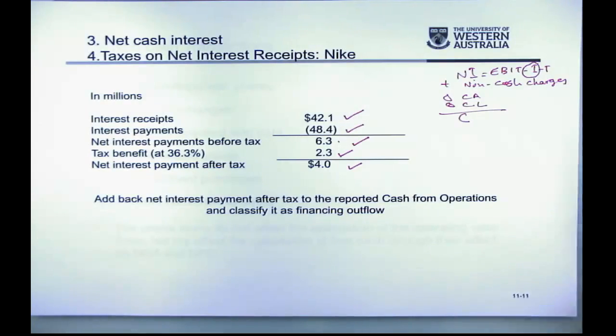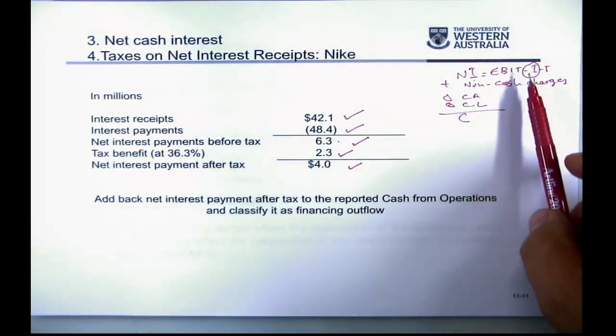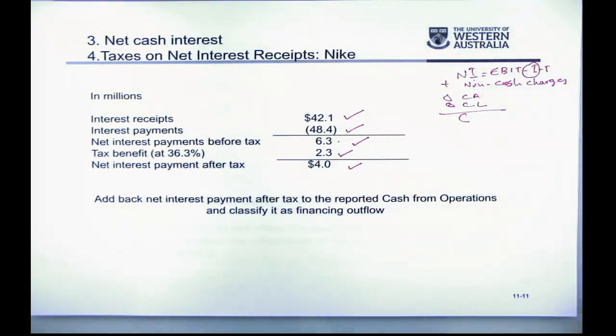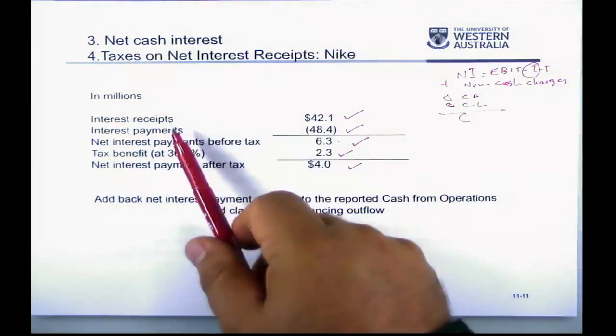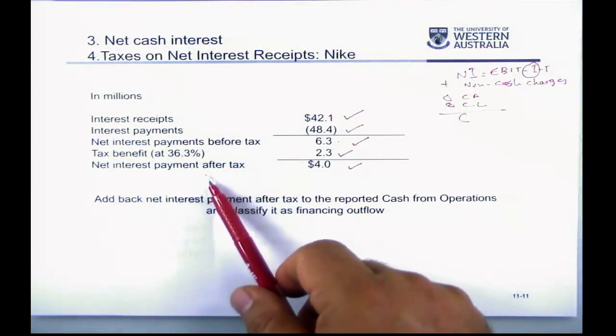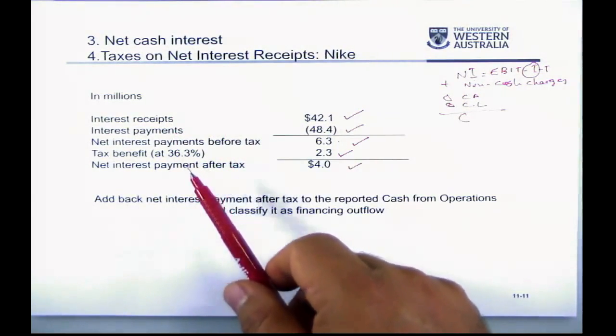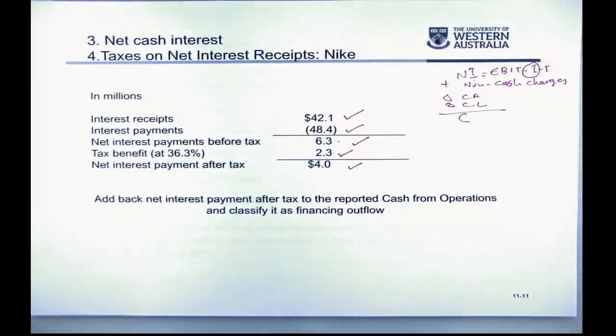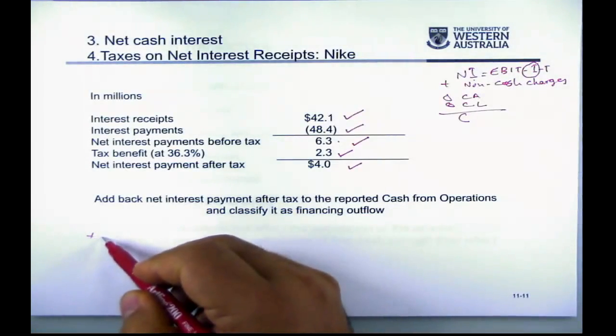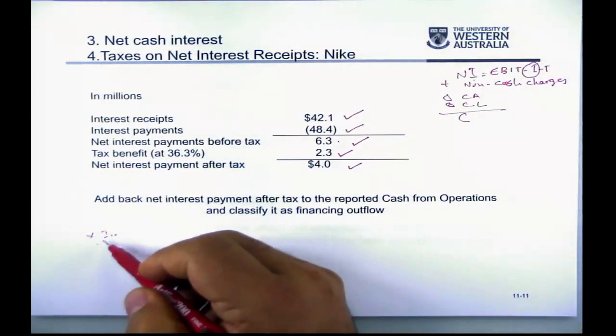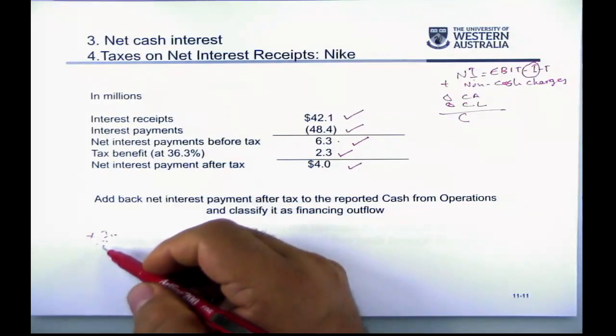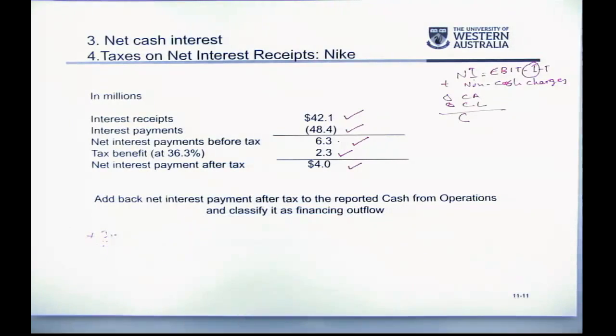Here it is the net interest expense. If it was net interest income, we subtract. Of course, again, we are talking here on cash basis, not on accrual basis. In the statement of cash flow, you will find a footnote for the interest paid and interest received. If you cannot find it, then it's okay to use the interest expense and the interest income as an approximation to the interest received or paid.